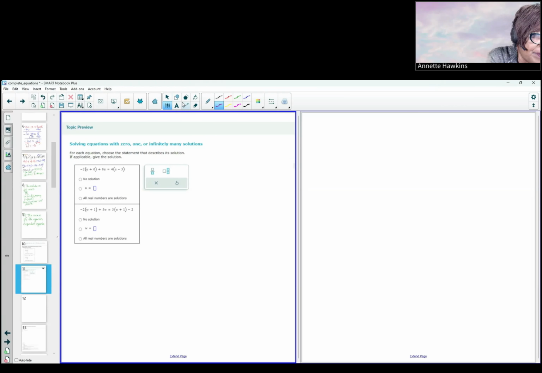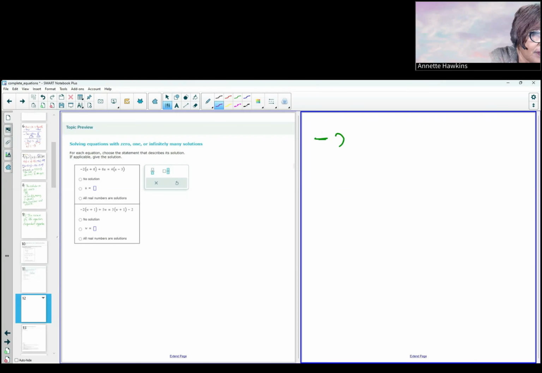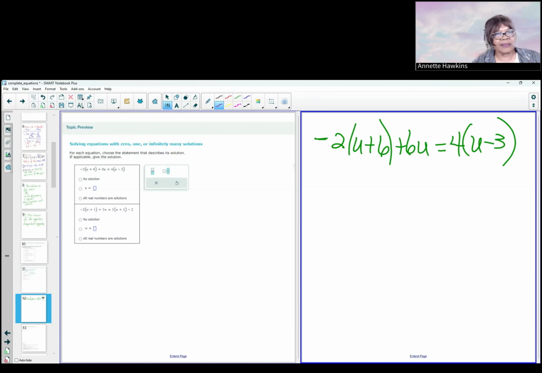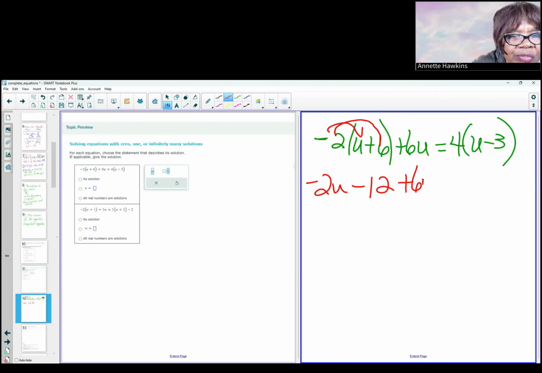So we have that's our equation. All right, so -2 times u is -2u. -2 times 6 is -12, plus 6u equals 4 times u, 4u, minus 4 times 3, which is 12.